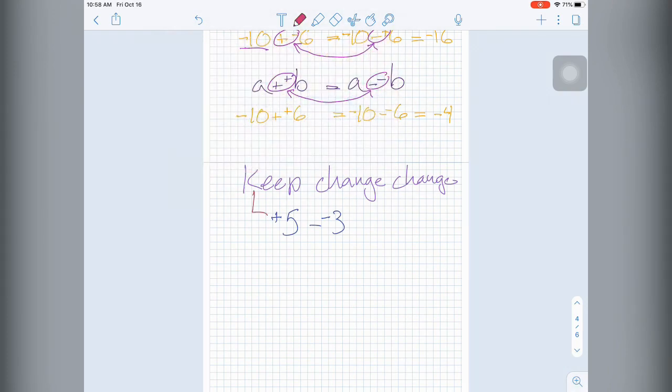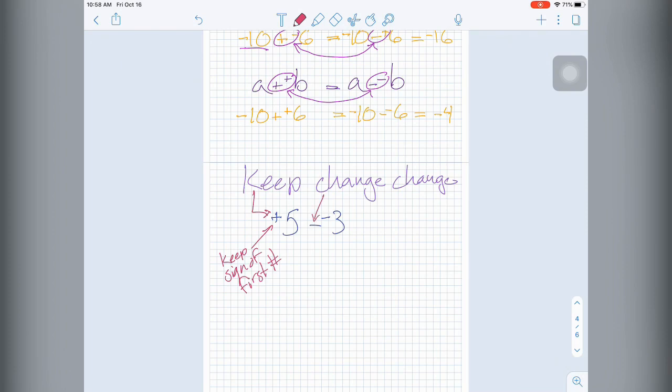What we're going to keep is we keep the first sign. We keep the sign of the first number. We don't change that at all. That stays the same.